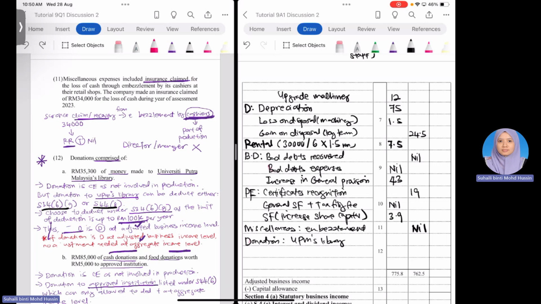The donation made to the UPM library is RM35,300. The maximum amount that the company can donate to the library is up to RM100,000. But the company only made RM35,300, so all the amount is allowed for the deduction.